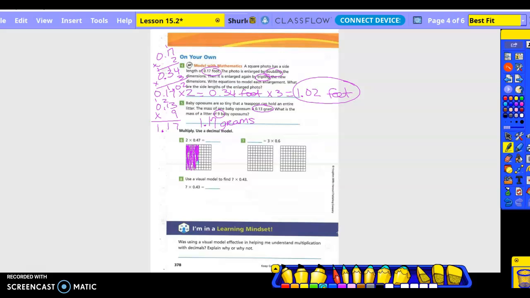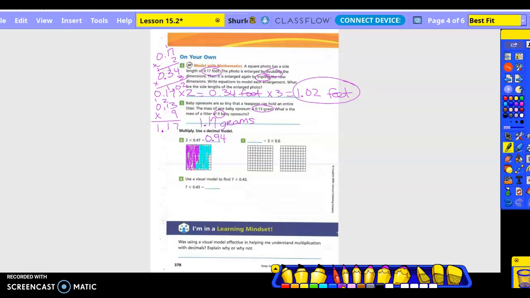Then we have 3 plus 10 is 13, plus 10 more is 23, plus 10 more is 33, plus 10 more is 43, and then how many more do I need? 4. So my answer is what? So how many longs? So I don't have any flats, so 0 decimal. How many longs? 9, and then 4 small cubes.